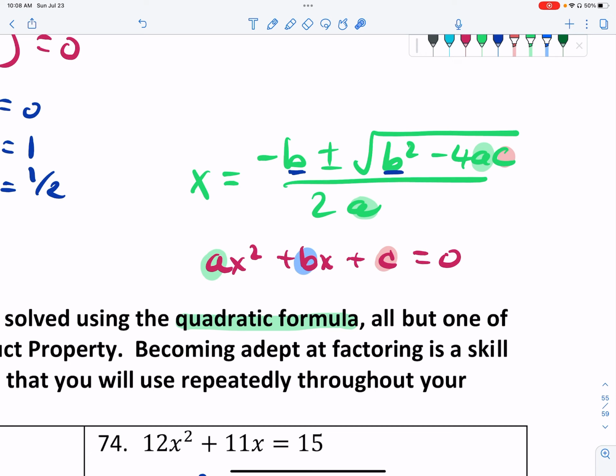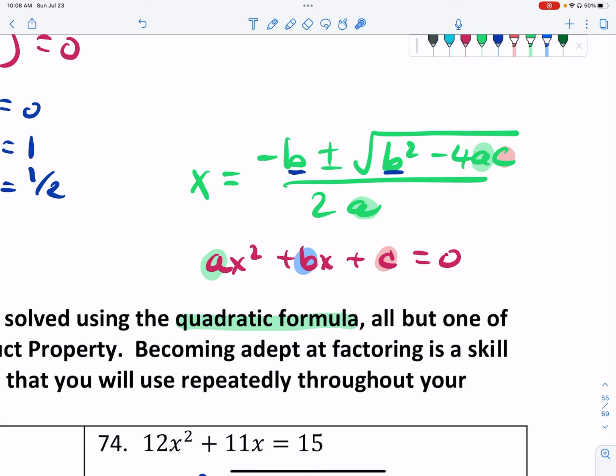It's supposed to have 2, but sometimes it has none if this thing on the inside here is a negative number. It's also possible to have only one answer, and that happens if this on the inside here is just equal to 0, because you'd be adding and subtracting 0.